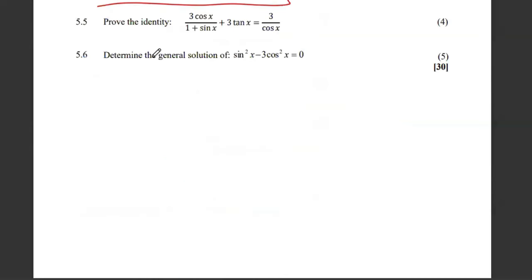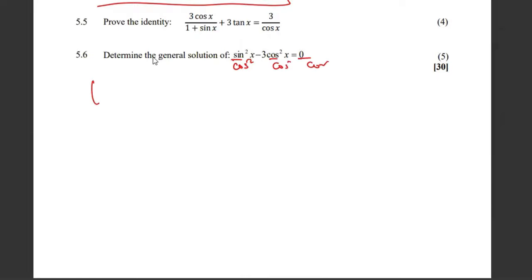And then 5.6, they want us to determine the general solution of this. So with this general solution, step number 1, since it's made up of different ratios, we can create a tan. So divide through by cos squared, over cos squared, over cos squared.